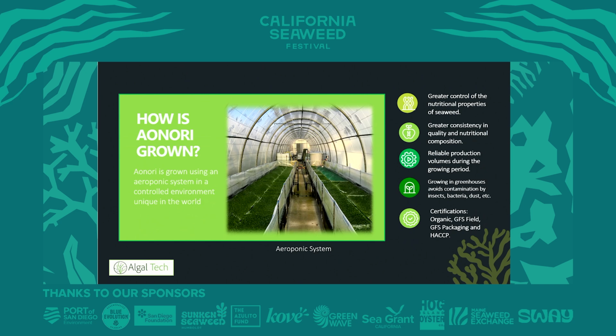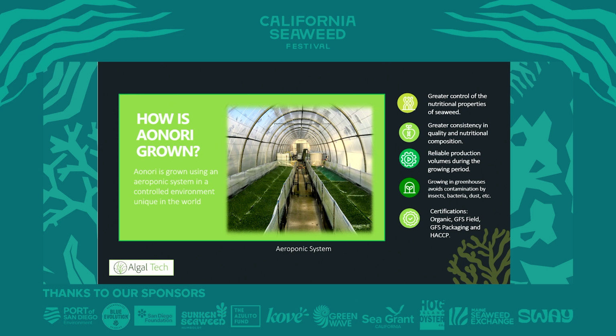Now, here I can show you the full system, the pilot program that we have in Baja. This system is basically an enclosed environment with a greenhouse, and the tanks that you see there is where we grow aonori. Aeroponics is a system to produce plants where you use spray water that serves to grow the vegetable and also to provide the nutrients.